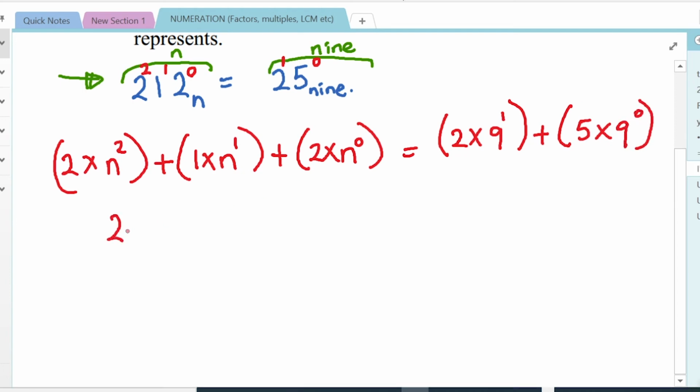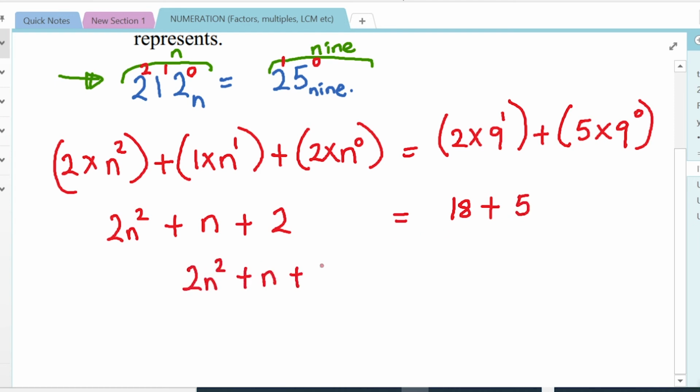So this is going to become 2n squared plus n plus 2, since n to the power 0 is 1. On the other side, 2 times 9 is 18, plus 5 times 1, which is 5. So we shall end up with 2n squared plus n plus 2, giving us 18 plus 5, which is 23.